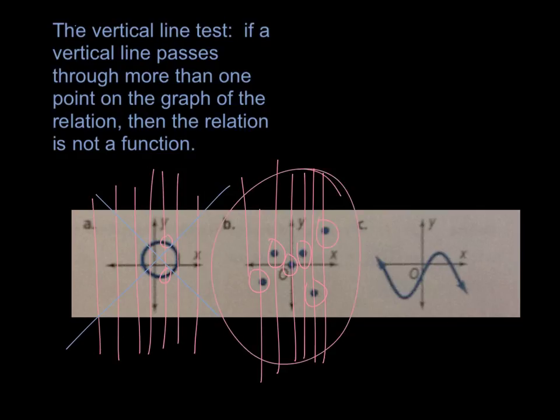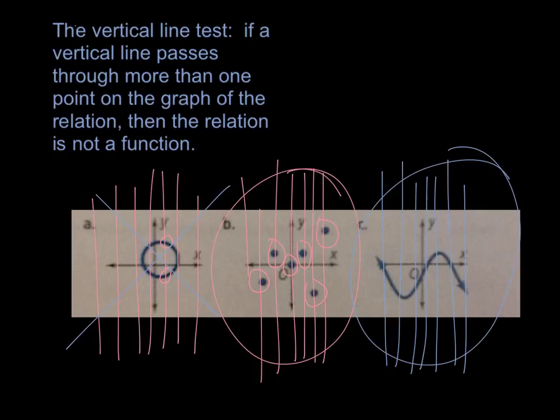So this is a function. And then the last example, notice how every time I go through that squiggly line, I only touch the line once, so that means it is a function. So part A is not a function, but B and C are both functions.